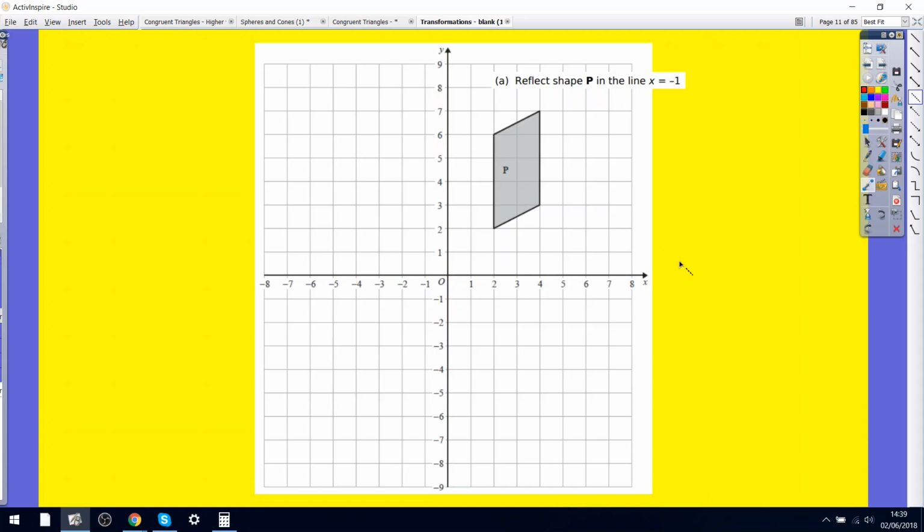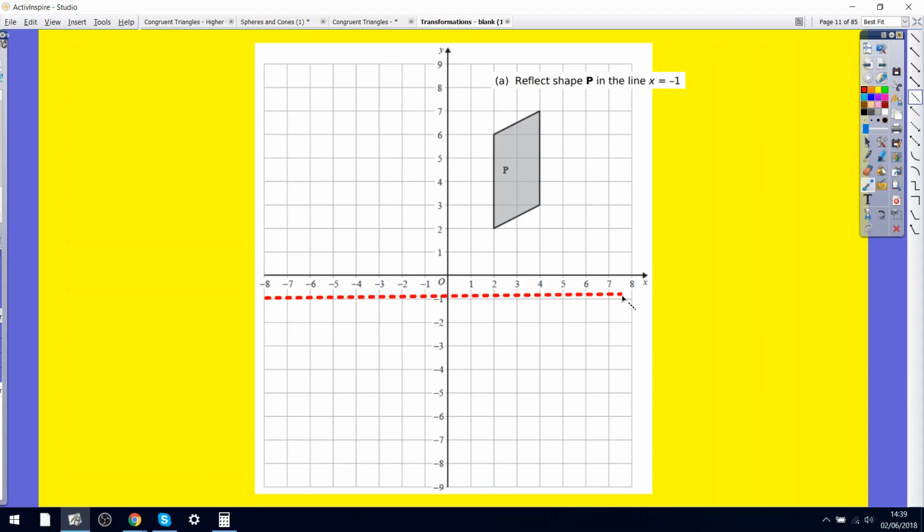Well, let's say if we were to sketch the line x equals -1, how would we sketch that? Or draw it. And is it a horizontal line, vertical line?